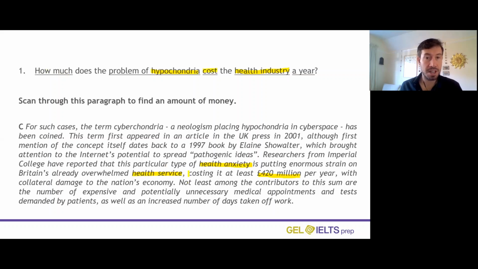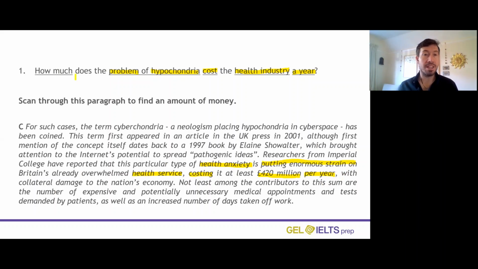Cost, we've got costing it at least 420 million a year per year with the collateral damage to the nation's economy. So we can see here, putting an enormous strain on, that is, it's causing a problem. So put an enormous strain on is another way of saying it causes a problem.